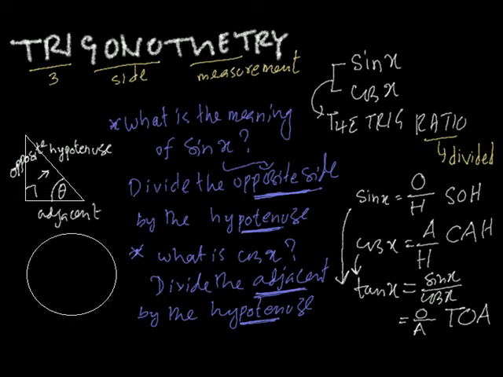So let's see a circle here. Now in this circle, this is the center, so we know this is the radius. Now this thing that joins two points on the circumference is called a chord. So this is a chord.